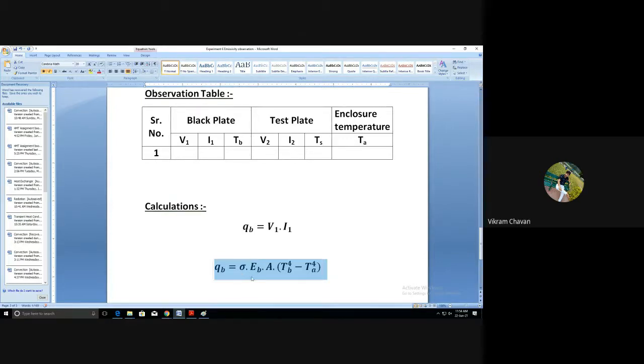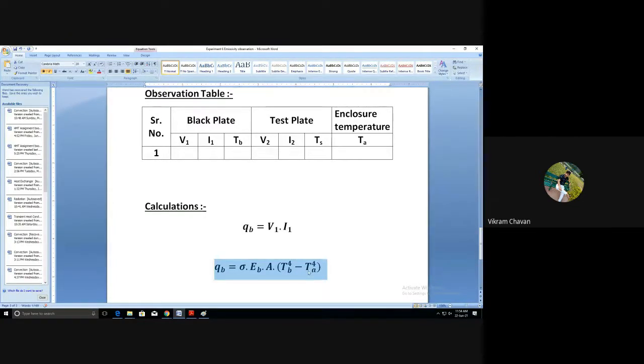Okay, then this E suffix B, that is the emissive power of the black plate, we have to calculate. Then the surface area: for the calculation of the surface area, we have the diameter, so we can calculate that. Then once we achieve the equilibrium temperature, we will consider that temperature as T suffix B in absolute temperature, that is nothing but Kelvin. Whatever temperature we get will be in degrees Celsius, so we will convert it to Kelvin and then use it for the calculation.